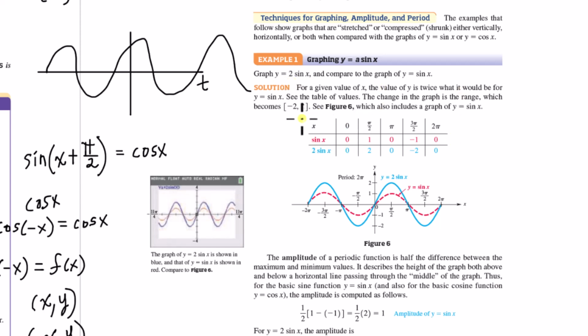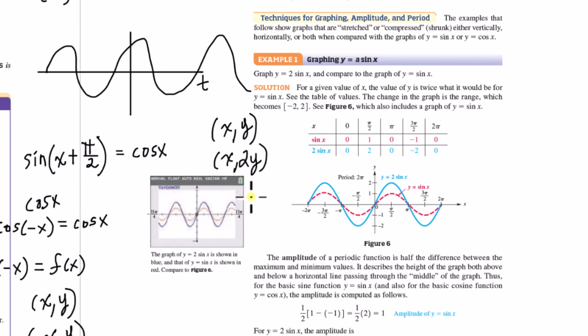So remember, if you need to go review translations of graphs, go to the algebra playlist. I mean, it's kind of a tough topic on its own. Not tough, but there's a lot to learn there. But if you want to take the graph x, y, so let's say we're starting with cosine or sine x, what you want to do is take every point and multiply every y coordinate by 2.